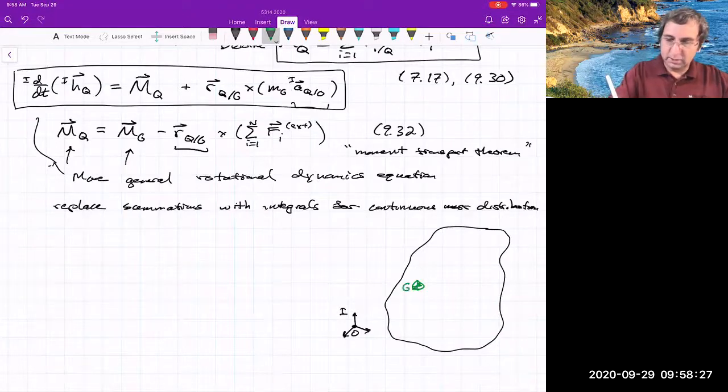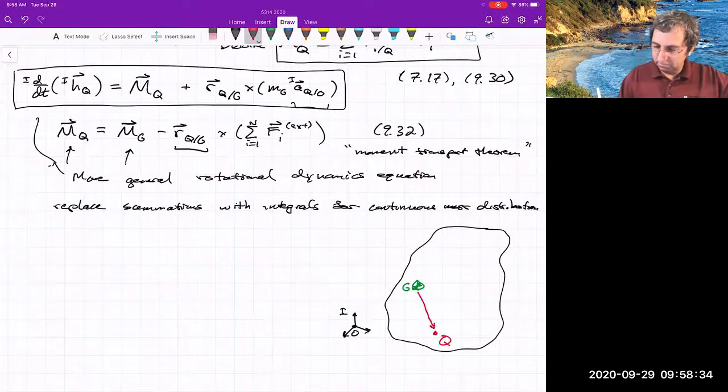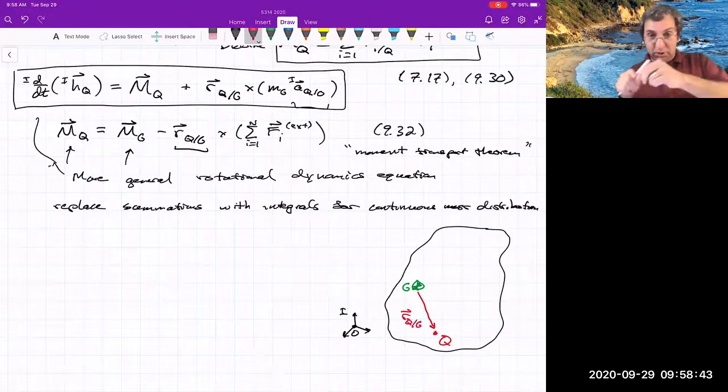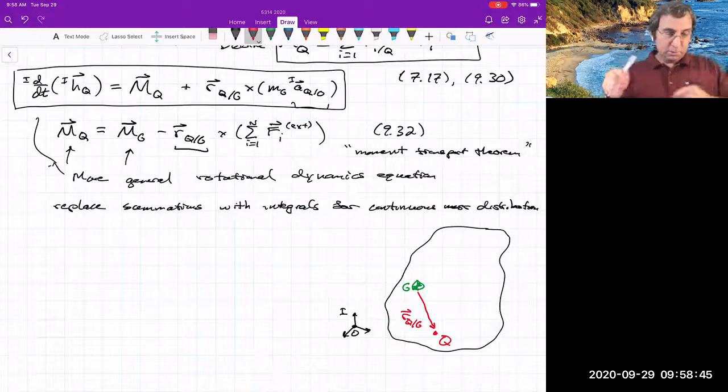Here's a center of mass. Here's our point Q. So this is R Q G, the vector from G to Q. So where is Q with respect to G?